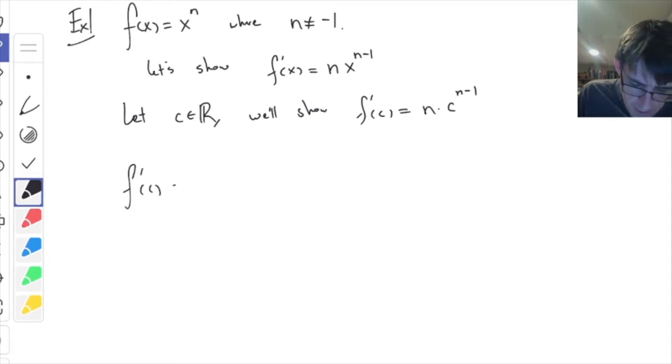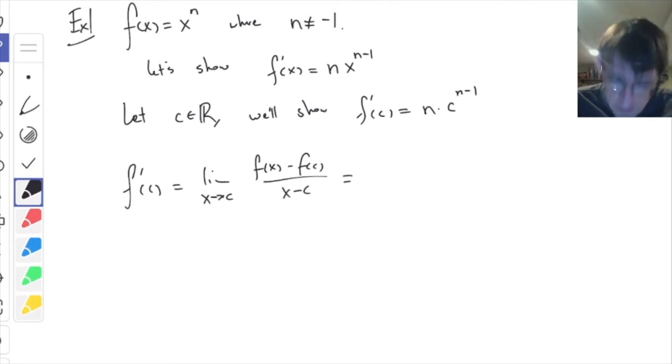So we're going to find f prime of c. It is the limit as x goes to c of f of x minus f of c over x minus c. And f of x is x to the n, so I'm just plugging in the function.